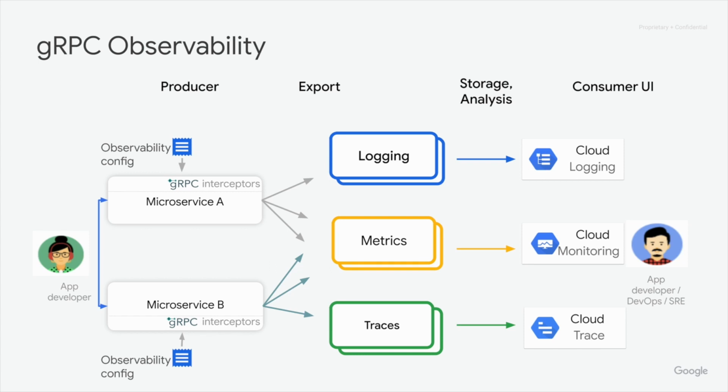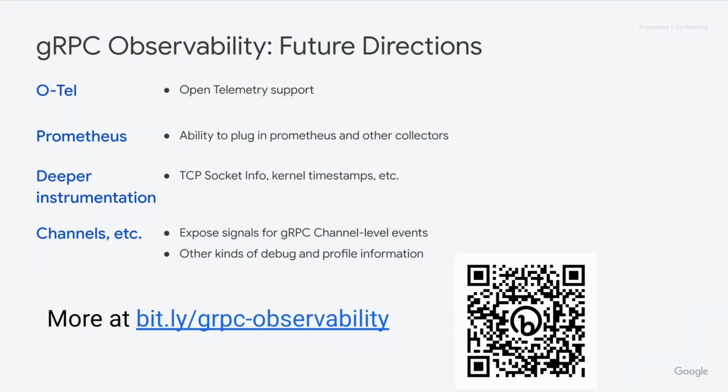And next comes the exporter, which is the layer that exports this observability data collected from the stack, typically via a pipeline, to some sort of a solution that's going to store and analyze this observability information and eventually present it through a consumer UI to operators of the service, be they app developers themselves or a DevOps team or an SRE team that's actually operating the service. We have built a solution in this space, but there's a lot more to come.